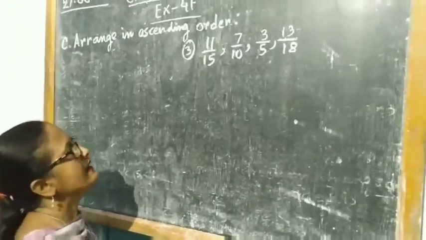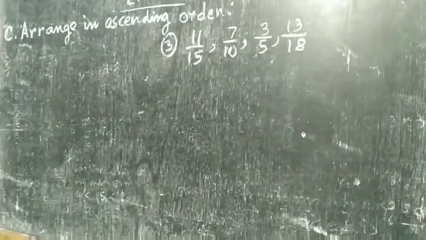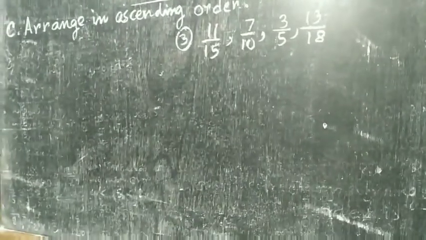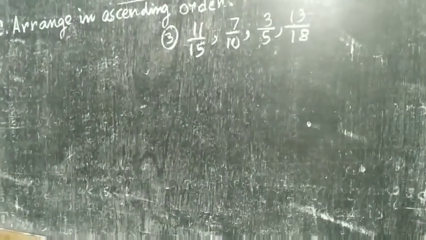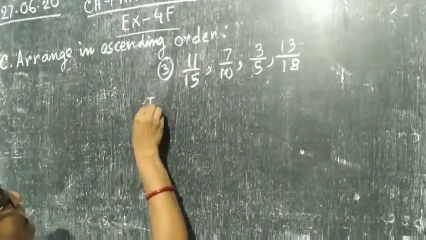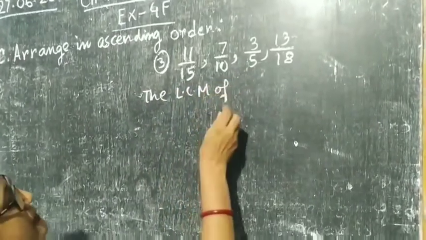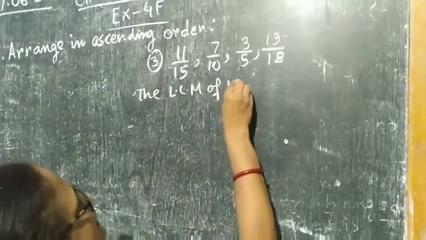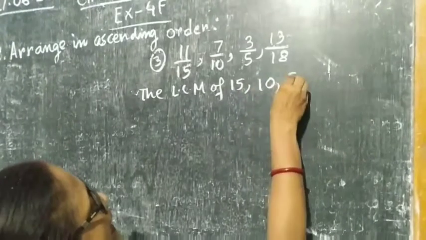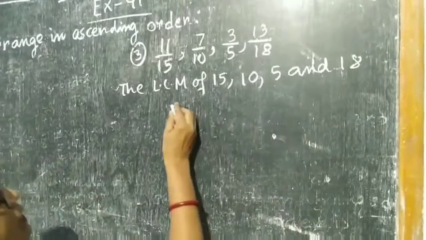Now children, let's do sum number 3. So you have to arrange the fractions 11 by 15, 7 by 10, 3 by 5 and 13 by 18 in ascending order. So first you find out the LCM of the denominators, that is of 15, 10, 5 and 18. Here also I shall use the repeated division method.